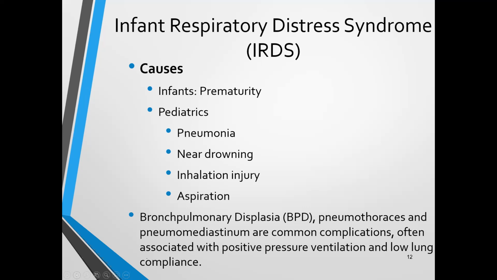And one of the other causes, or actually part of the sequelae of IRDS, is bronchopulmonary dysplasia. With the babies that have bronchopulmonary dysplasia, they're improving now, but they have abnormal tissue formation in the lungs, mainly because they've had some fibrotic changes due to their IRDS.